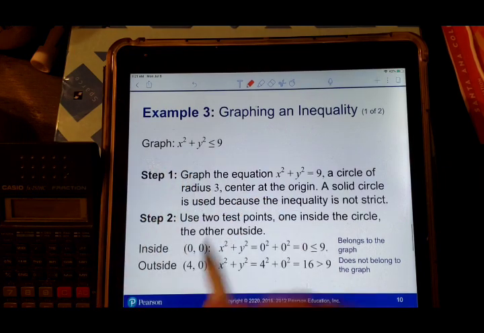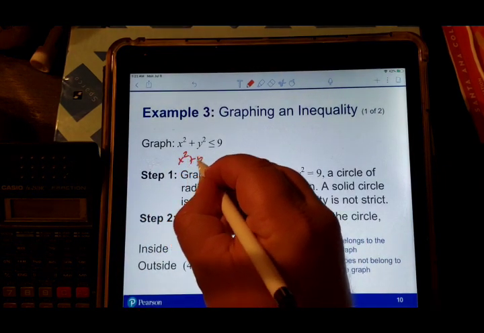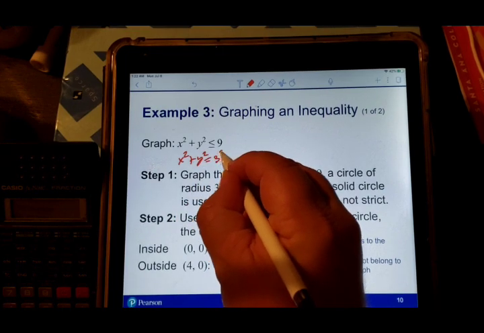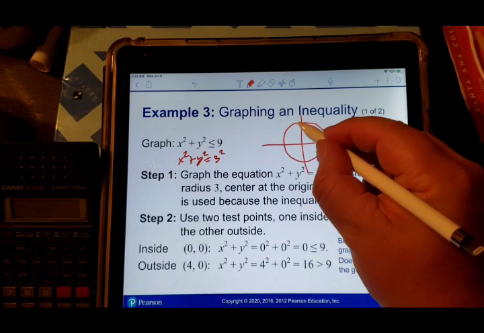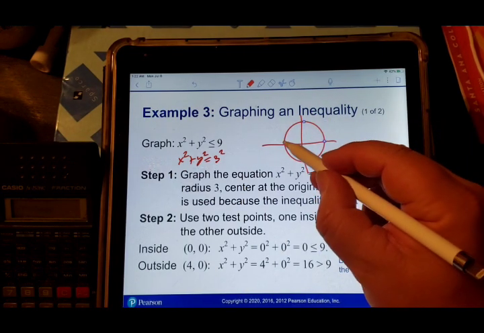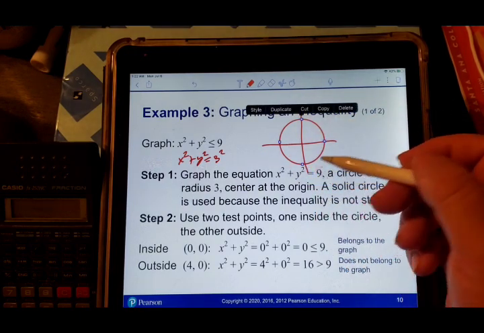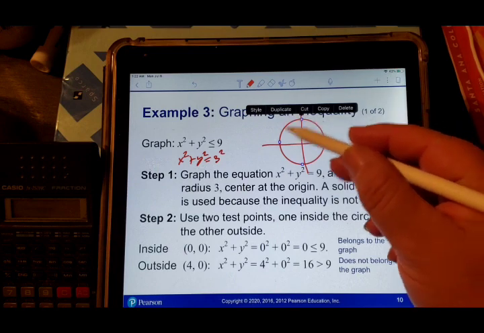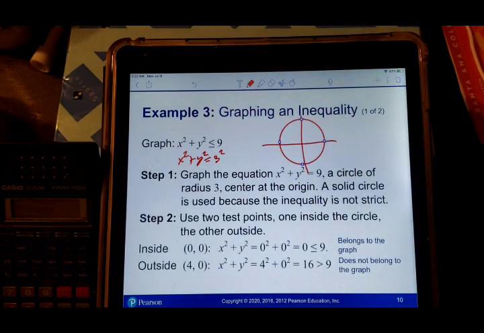But all right, let's look at this. So real quickly, I can think of this as x squared plus y squared equals 3 squared, a circle of radius 3, and I'm using a solid line, I'm not dashing my circle, because it included equals.